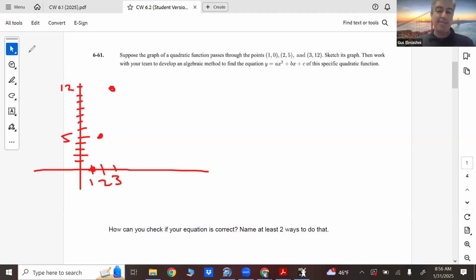Maybe it looks like this, or maybe it might look like this. I'm not 100% sure how this will look. Like where the vertex is, that's not obvious. I don't know where the vertex is, right? So what we're going to do is develop an algebraic method to find this equation.